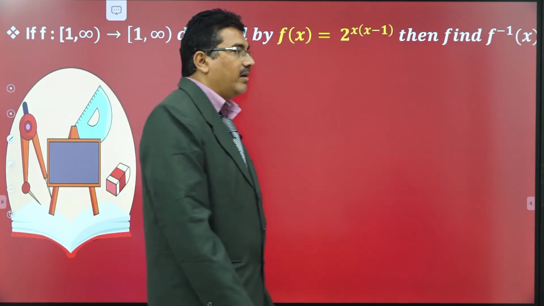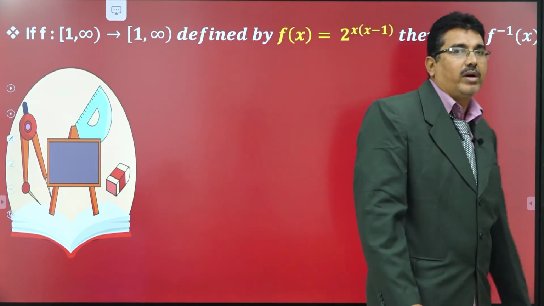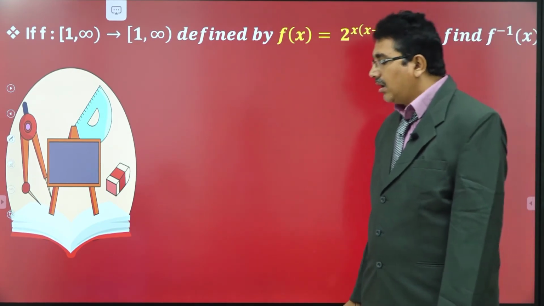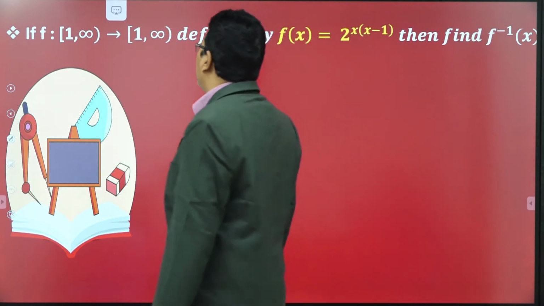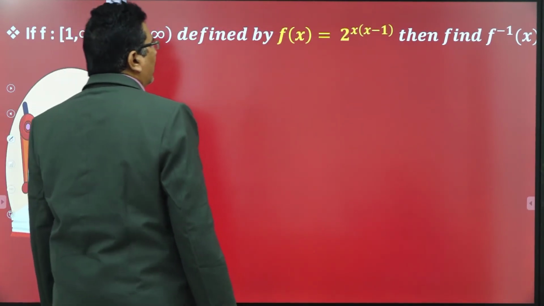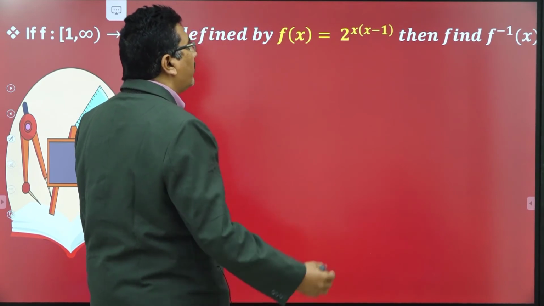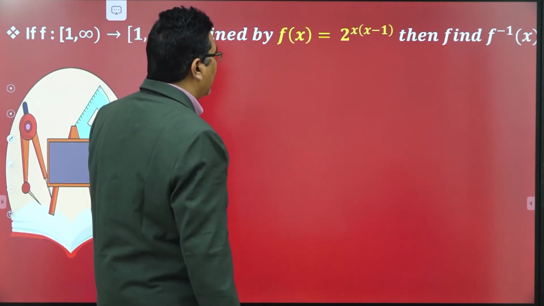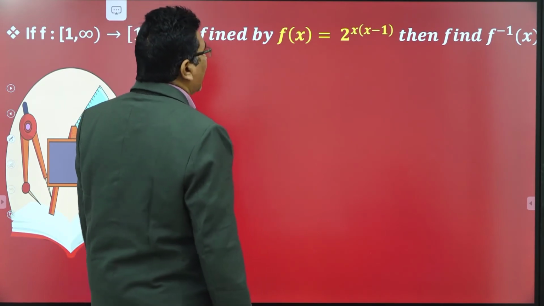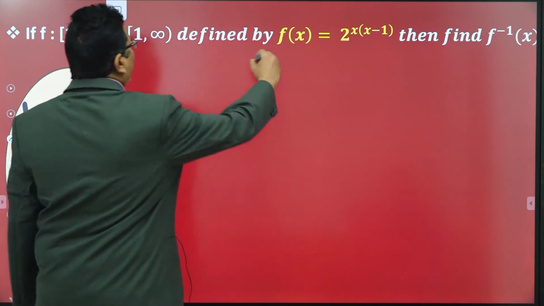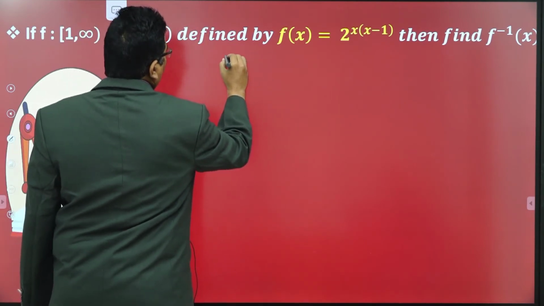f mapping from closed interval 1 comma infinity to closed interval 1 comma infinity defined by f of x equal to 2 power x into x minus 1, then find its inverse. Clearly f is a bijective function, and let y is equal to f of x.